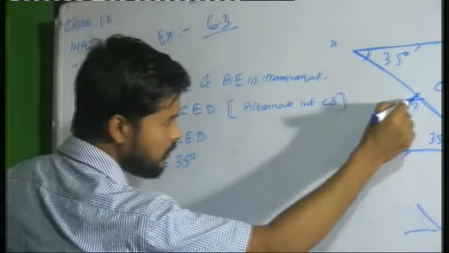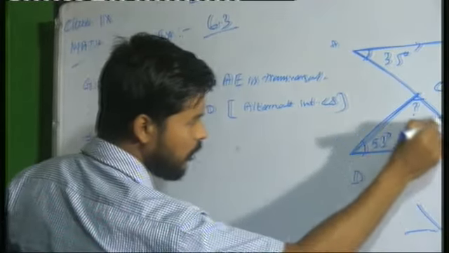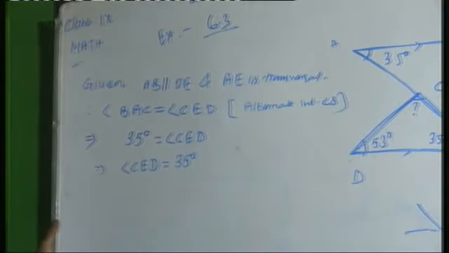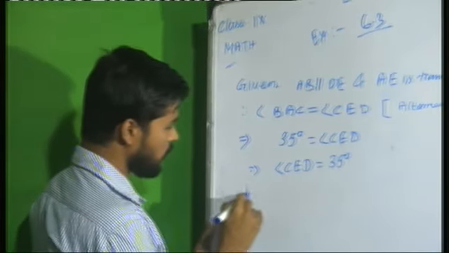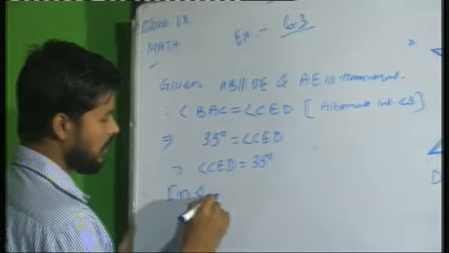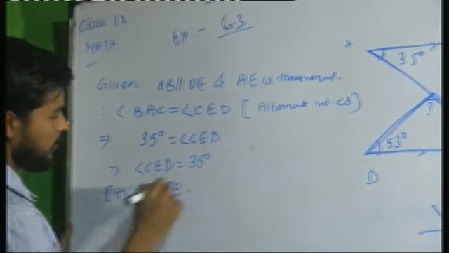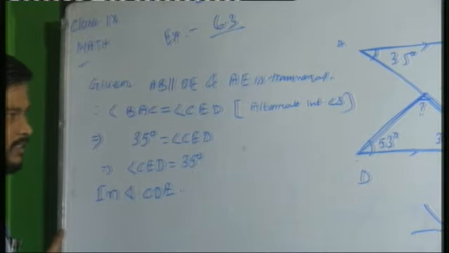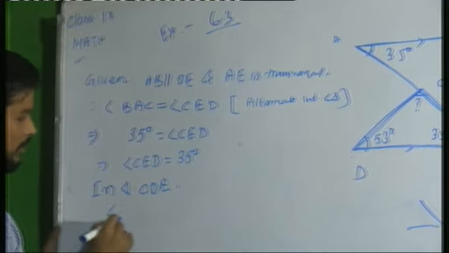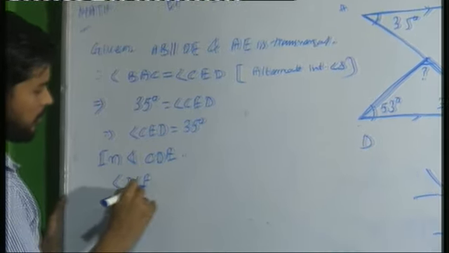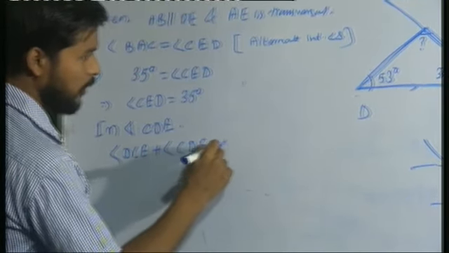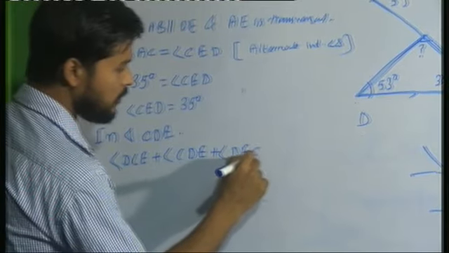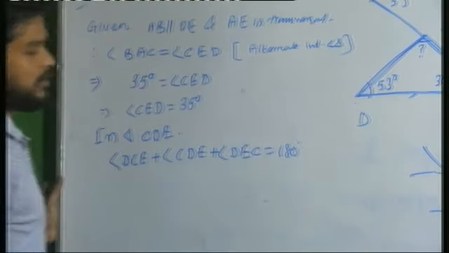Now if I consider this triangle, out of 3 angles, 2 angles are given. So if we consider the triangle CDE and apply the angle sum property, then we have angle DCE plus angle CDE plus angle DEC is equal to 180 degrees.